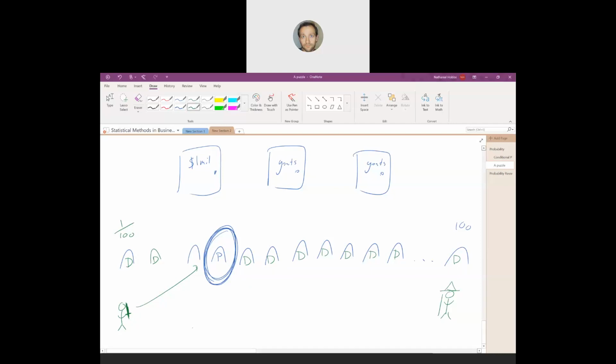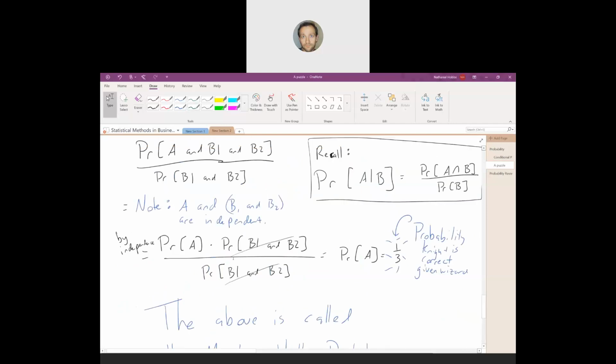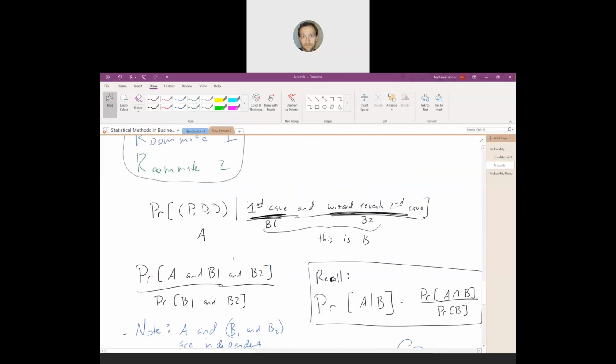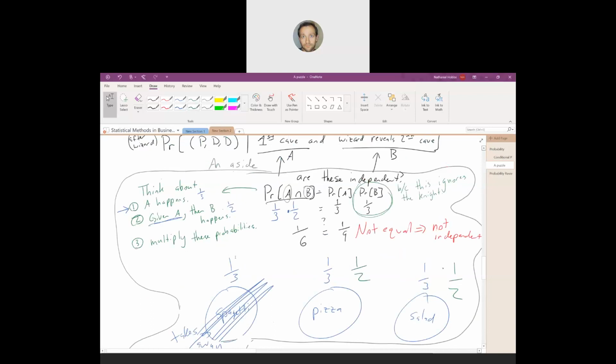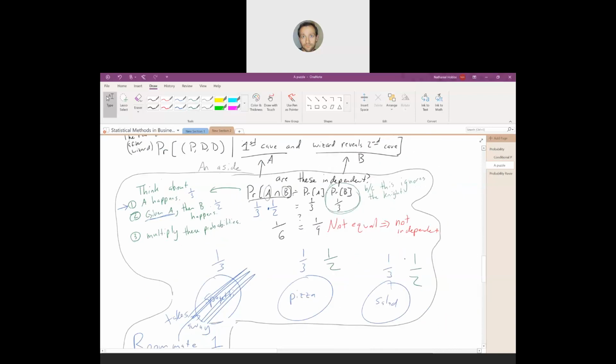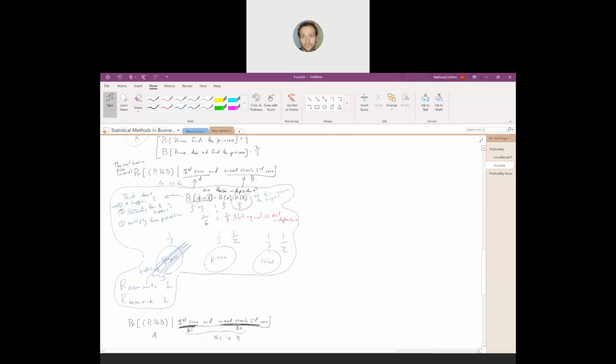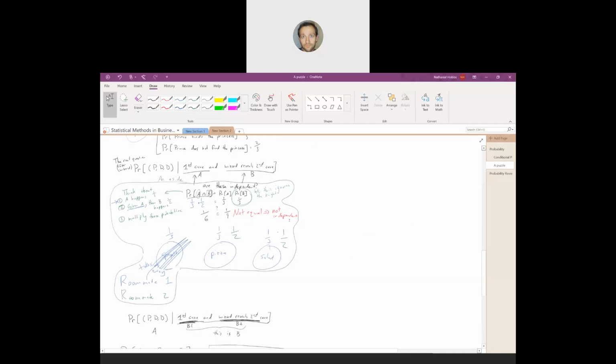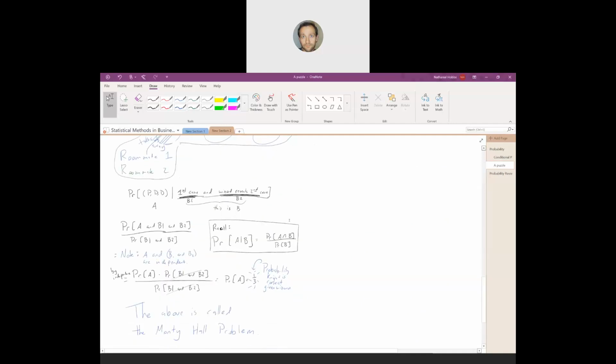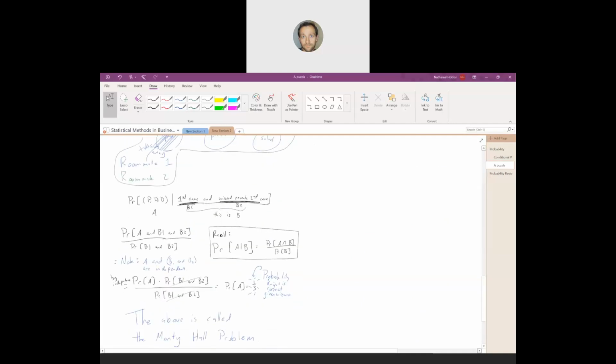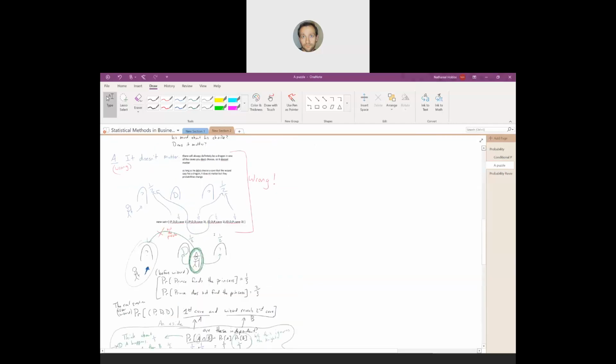Okay. This is a really good problem. I hope that you spend some time thinking about it. And I guess I'll zoom back here a little bit. Sorry, I can't fit all of this on a single screen.